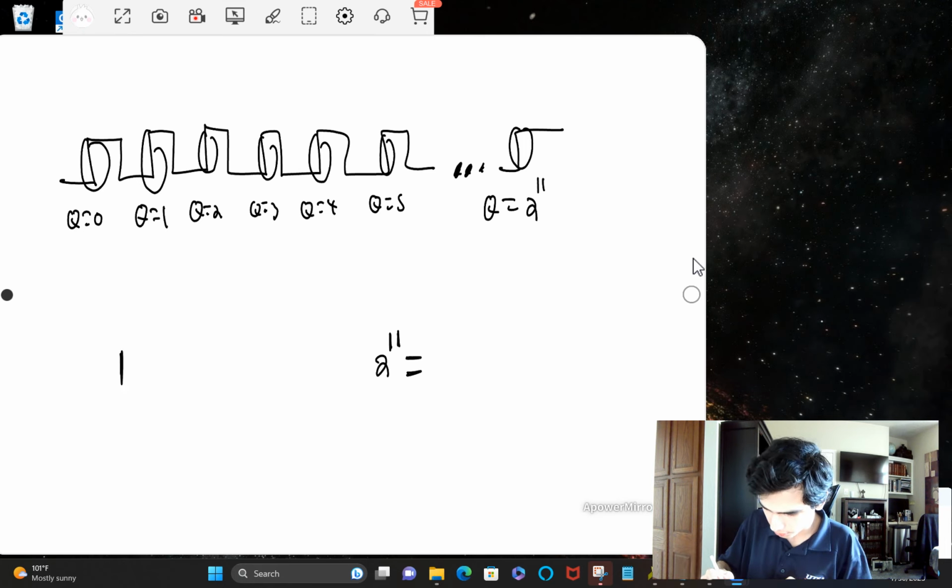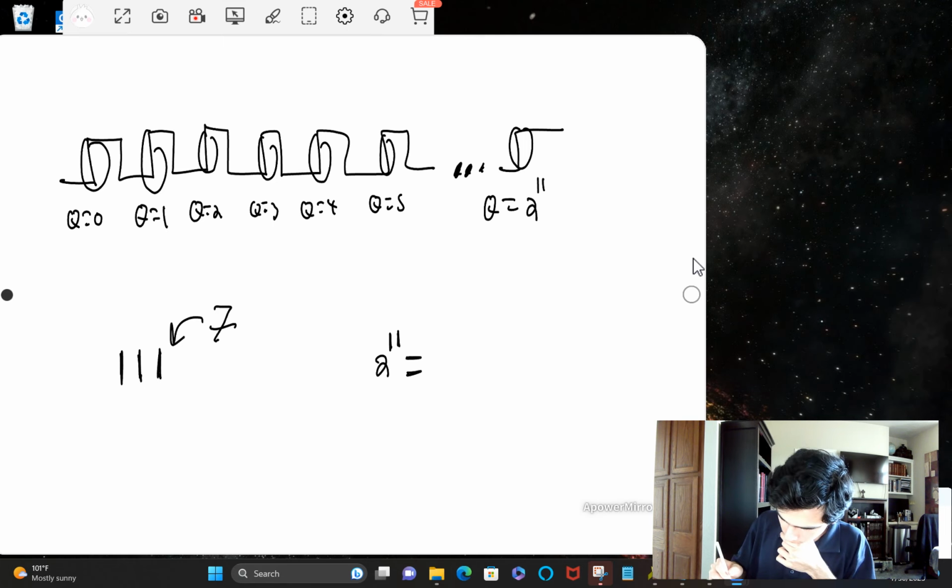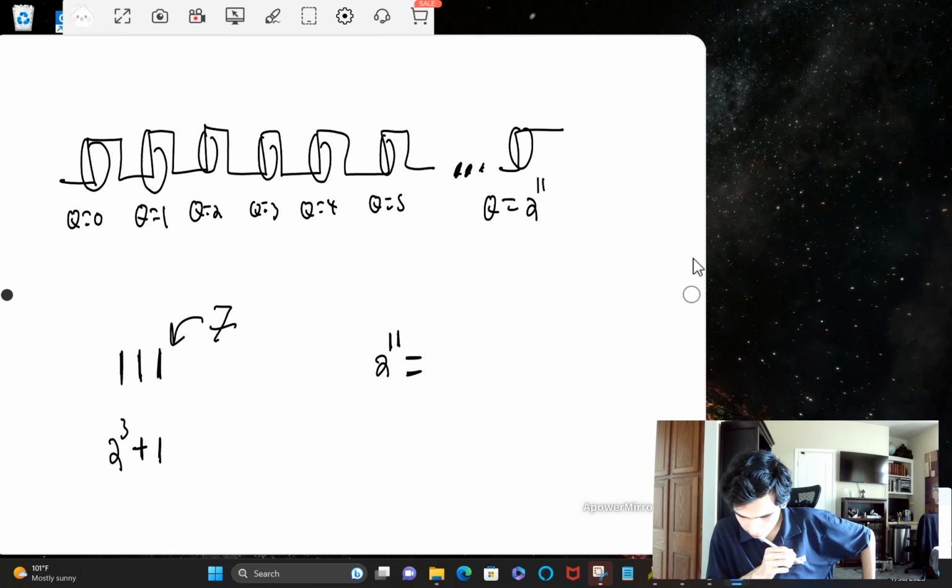Because like if we have 3 bits, 1, 2, 3, that number is 7. Let's see if that formula works. 2 times 2 is 4, times 2 is 8, minus 1 is 7.